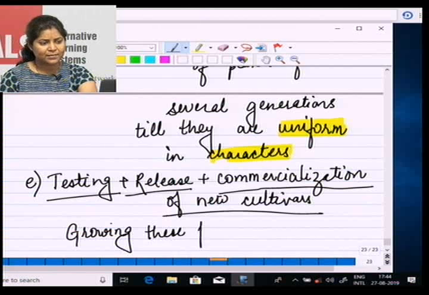Growing these plants in research fields.